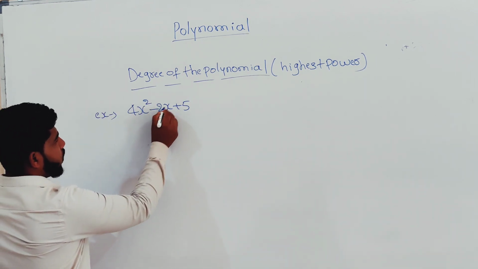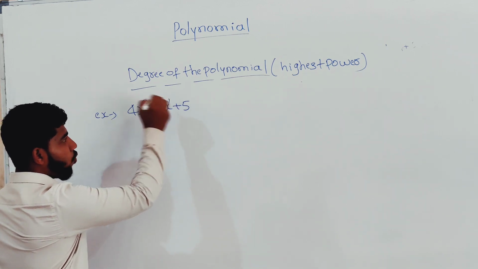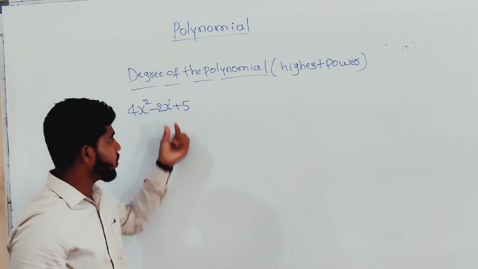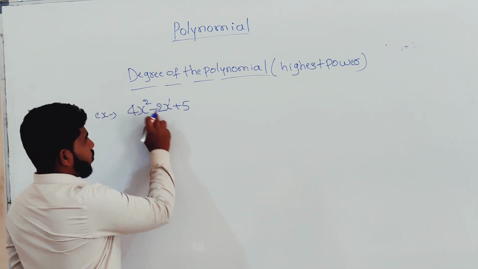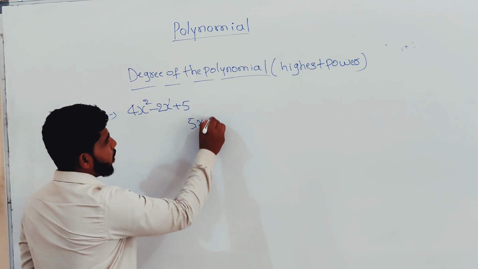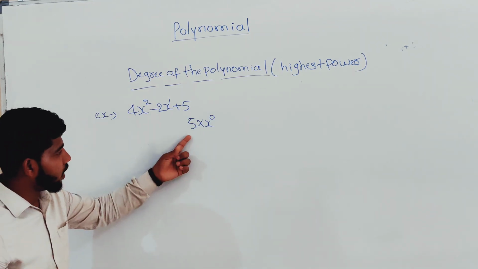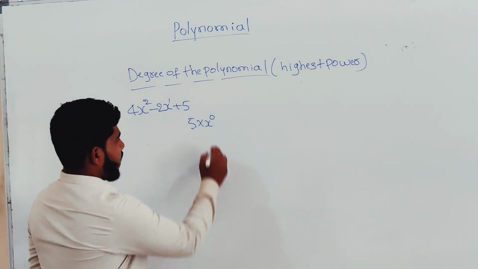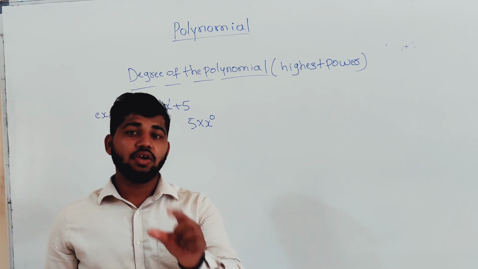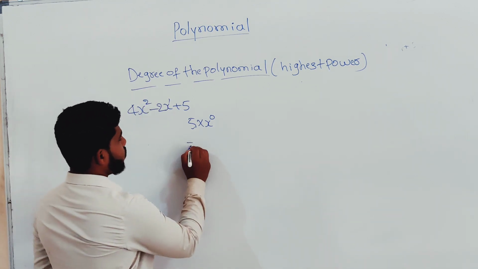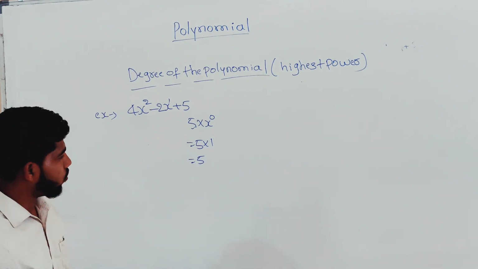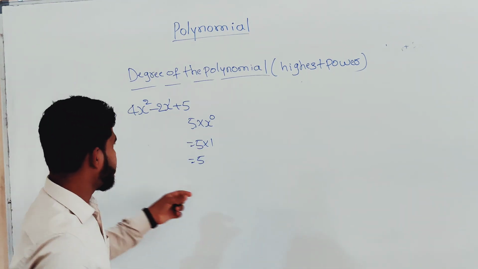In the power place, 4x squared has 2, 2x is x power 1, and 5 is 5 into x power 0. Anything to the power 0 is 1, so 5 into 1 gives the answer 5.